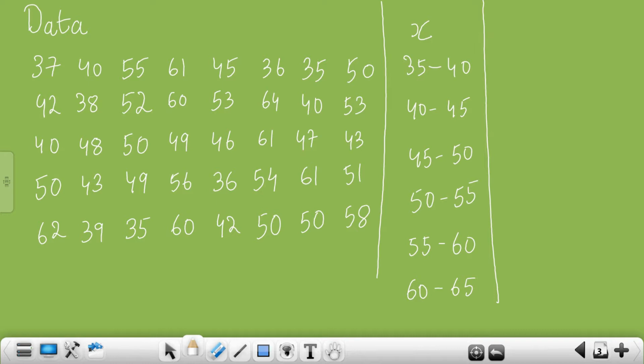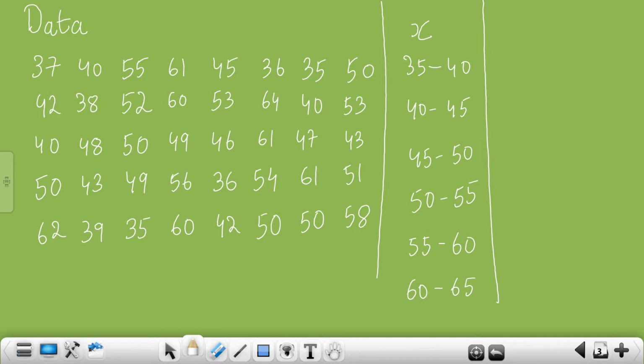So if we get a value of 40, it is not less than 40, so this value will not be taken in the first class, 35 to 40, but we will take that value in the second class, that is 40 to 45.